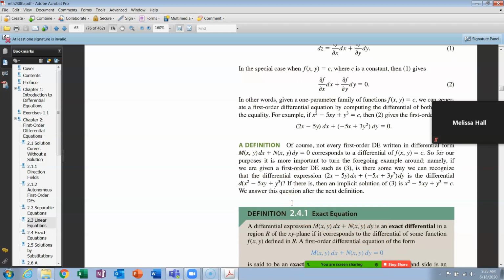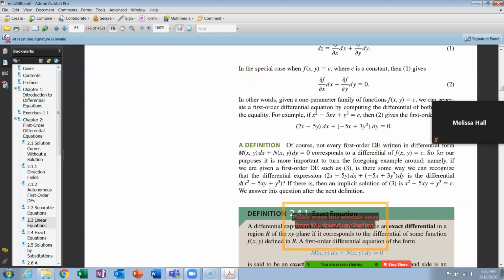Of course, not every first order differential equation written in differential form, M of x y dx plus N of x y dy equals 0, corresponds to some function f of x y equals c, because this may not be the partial of a given function f with respect to x, and this the partial with respect to y. This has to be the partial of that function with respect to x. That has to be with respect to y. You can make up all kinds of functions. That's not going to be true for them.